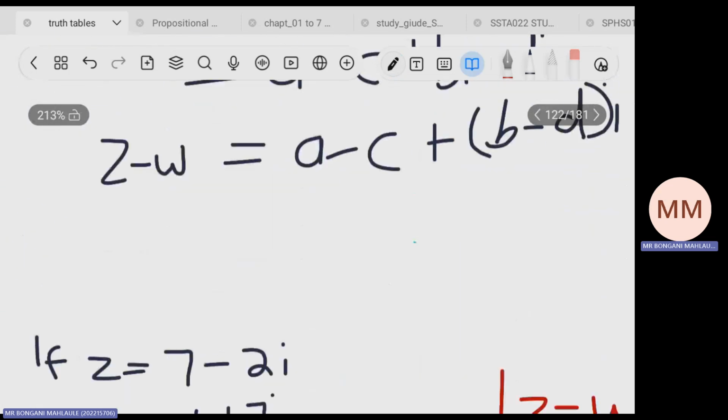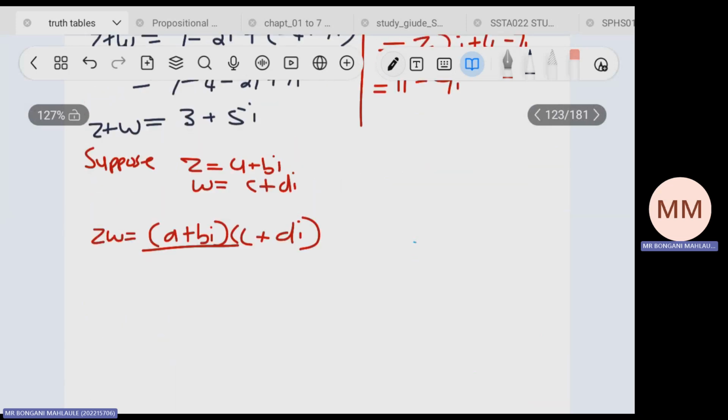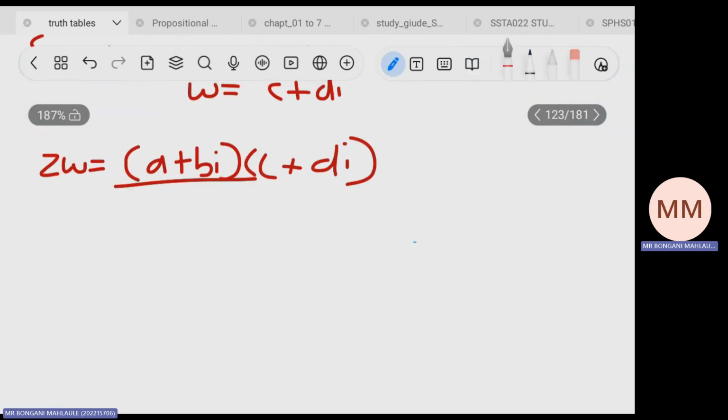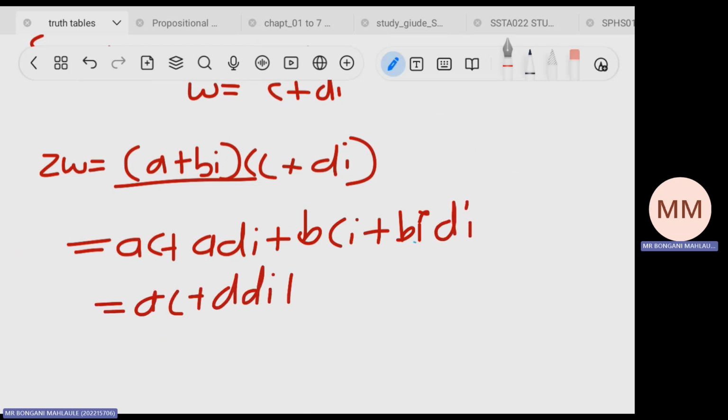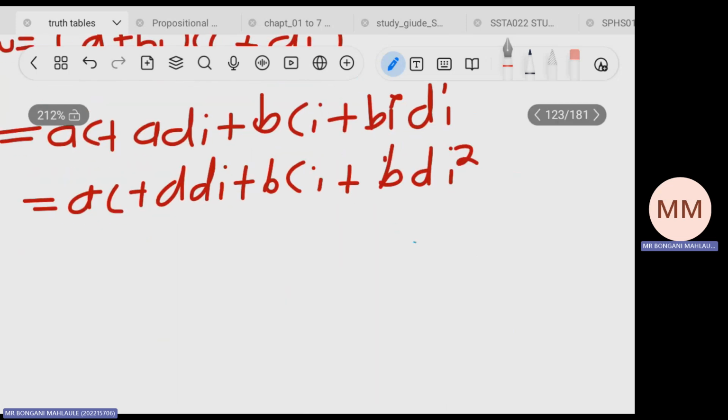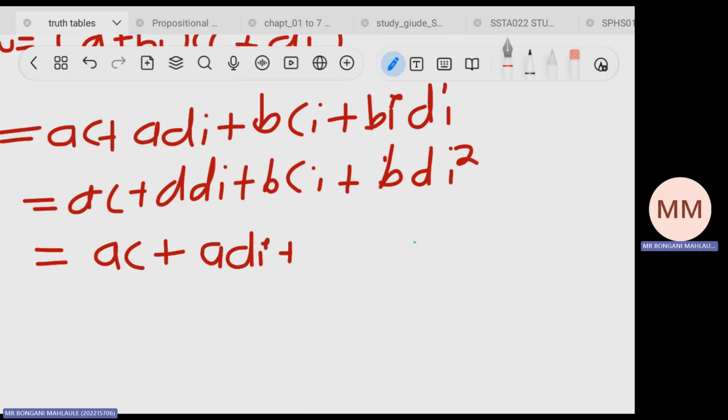Then now we're doing the multiplication of this. This will be ac plus adi plus bci plus i times di. Obviously, this would be bdi squared. And this will be minus bd.